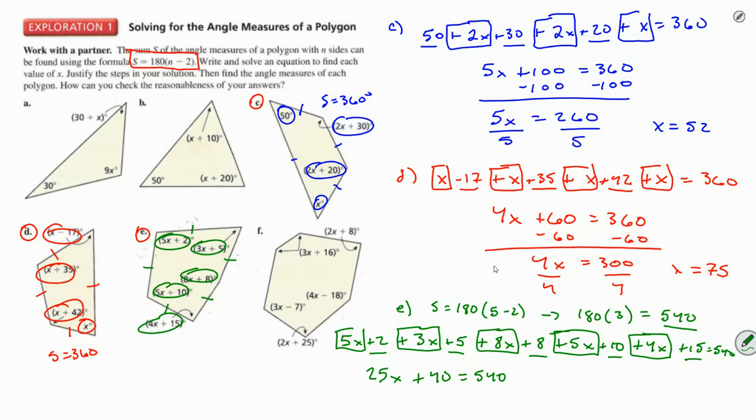So now we've got a lot cleaner equation. We subtract 40, and we're down to 25x equals 500. We can divide by 25, and we're going to get x equals 20.